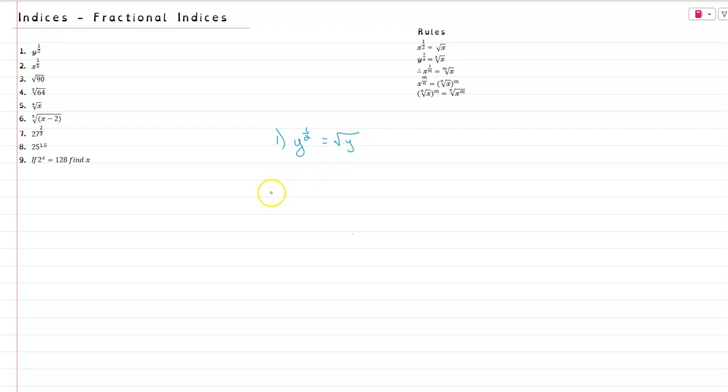Let's look at number 2. Number 2 says x to the power of 1/5. So how would we solve that? If we follow the same rule as we did here, x to the power of a half is equal to the root of x. We can also say that x to the power of 1/3 is equal to the cube root of x.